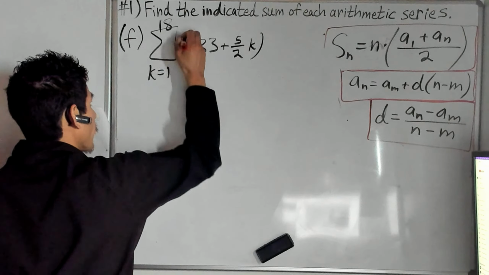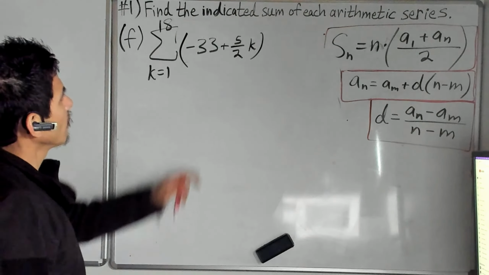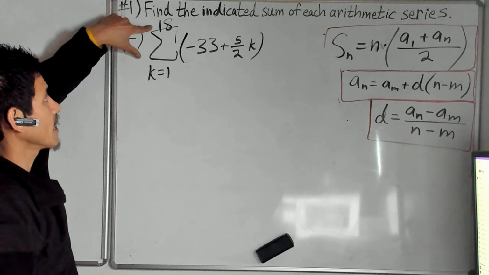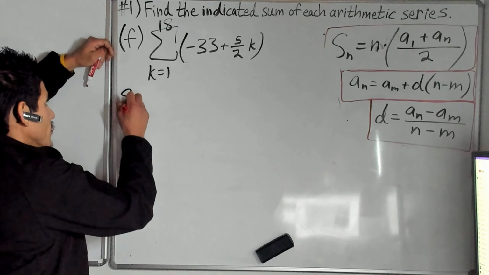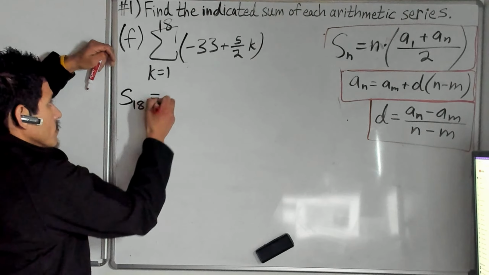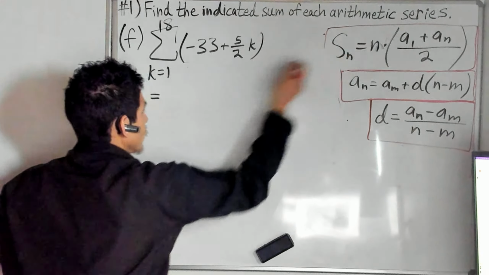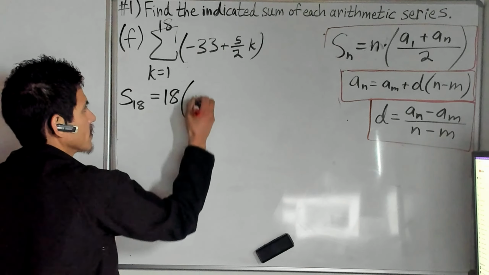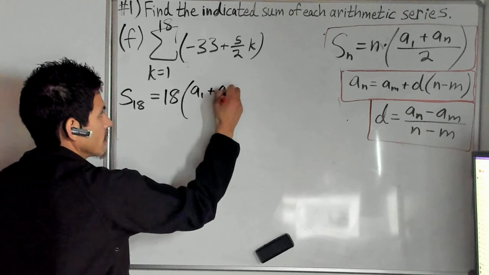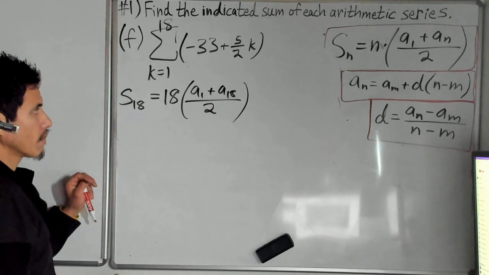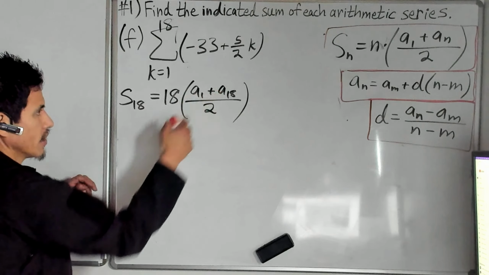It's from the first to the 18th term. So we have to find the sum of the first 18 terms. So we're going to have 18 times A1 plus A18 over 2. Let's find A1 and A18.